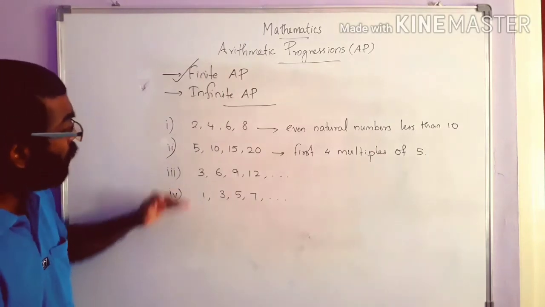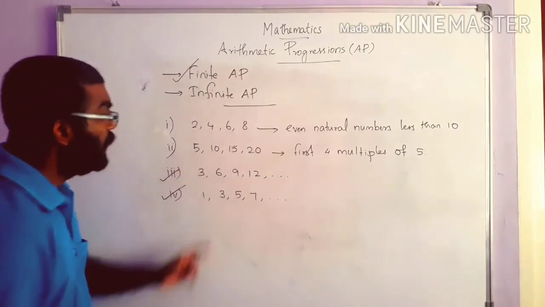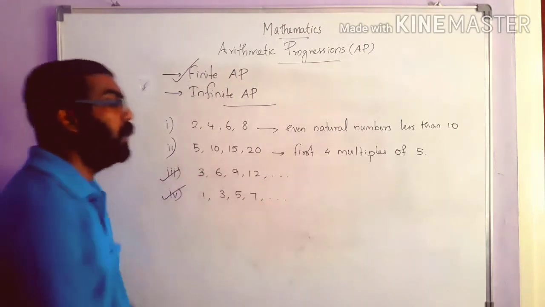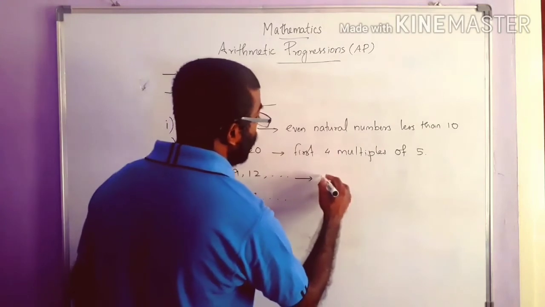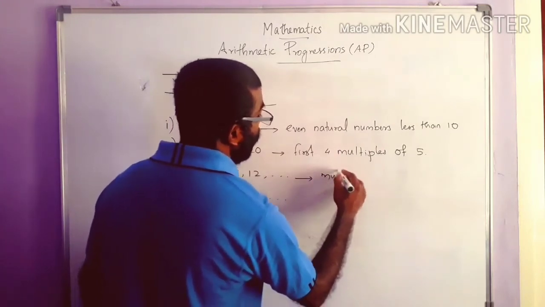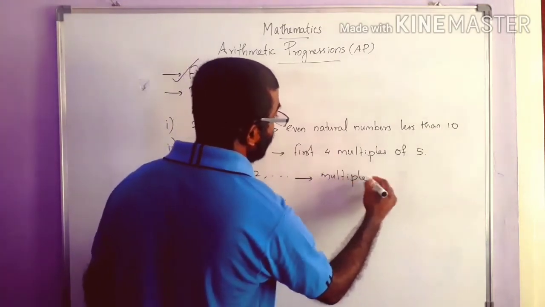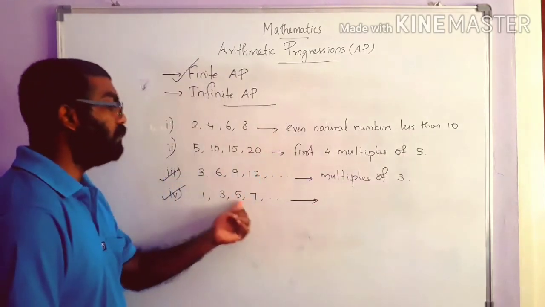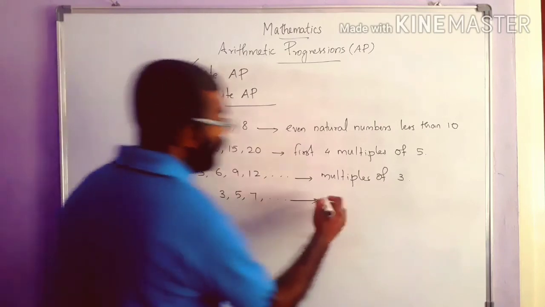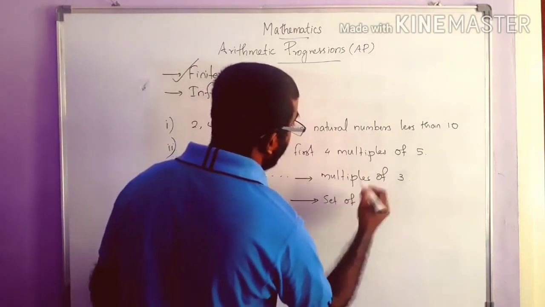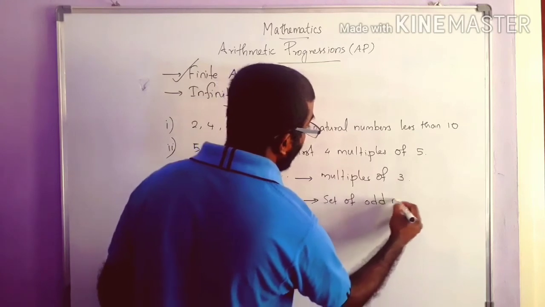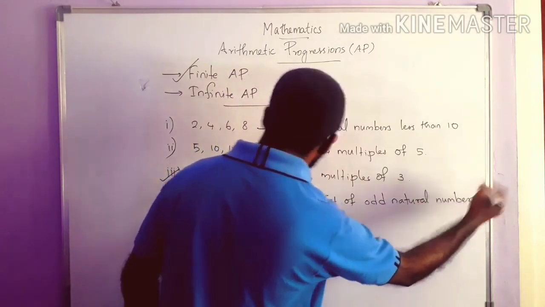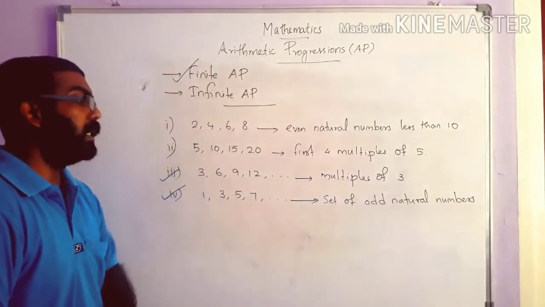Clear? Now look at the last two examples. 3, 6, 9, 12, etc., that means the multiples of 3. And 1, 3, 5, 7, etc., the set of odd natural numbers.